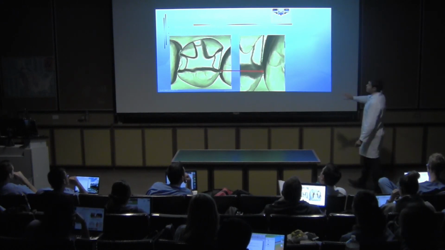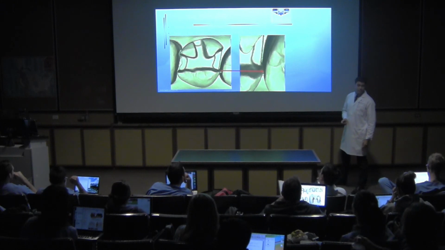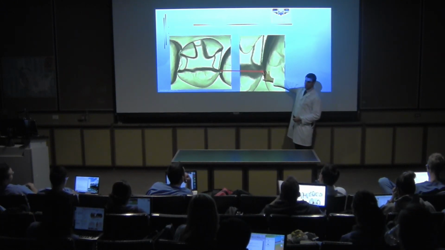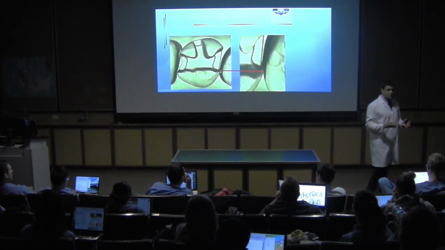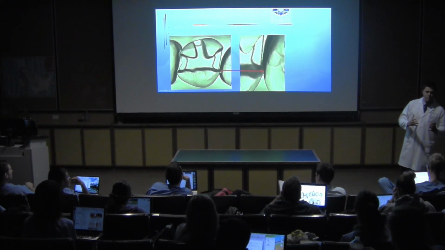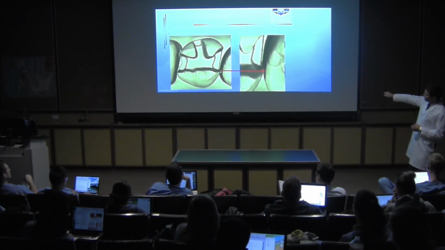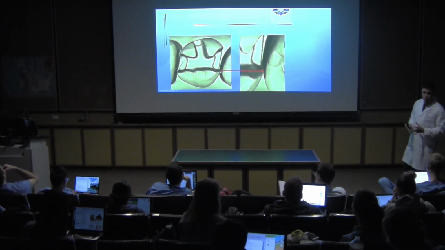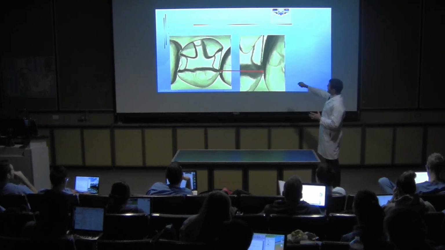Here we must have a clearance of 1 millimeter. It's more than a class 2. Because if we don't have this 1 millimeter clearance, we'll have a hard time trying to fit the restoration. So we need to remove the proximal area, okay, to avoid the contact surface.